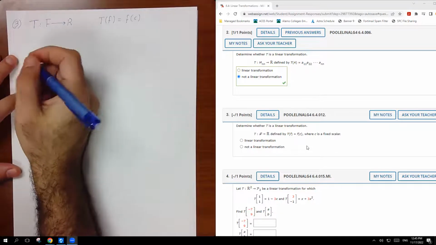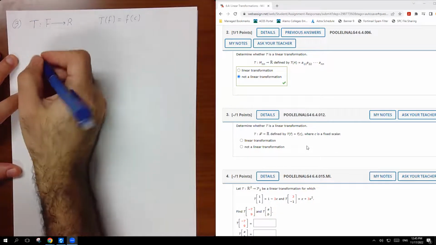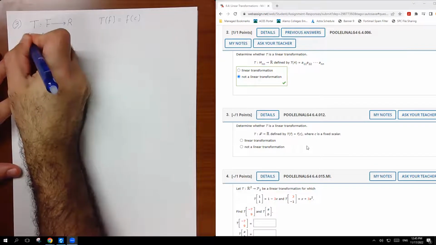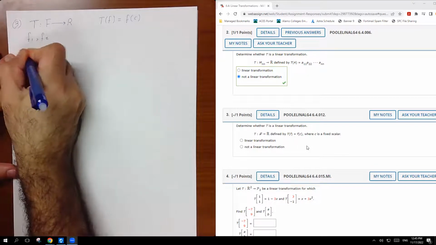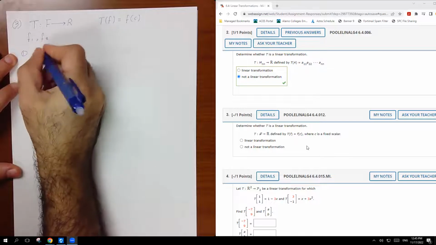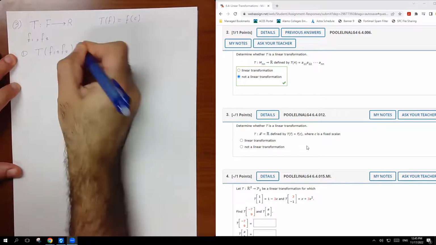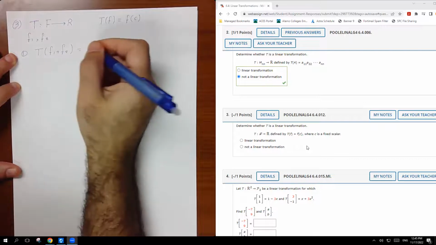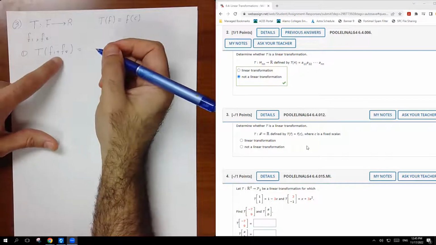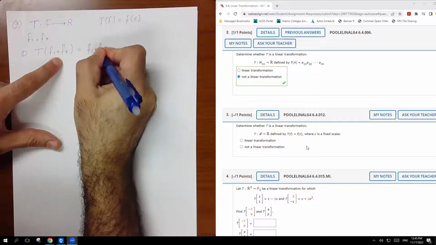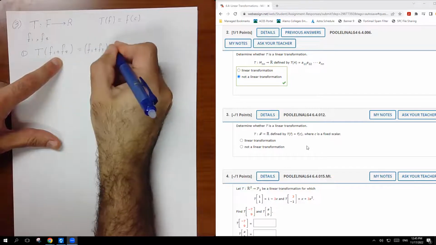So the first thing, we're going to let two functions, F1 and F2. So the first condition is going to be the transformation of F1 plus F2 is going to be equal to F1 plus F2 at the scalar C.